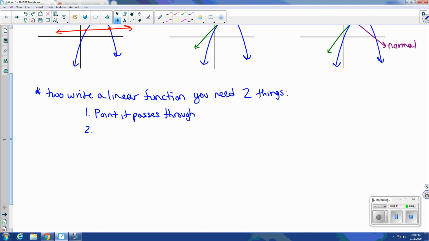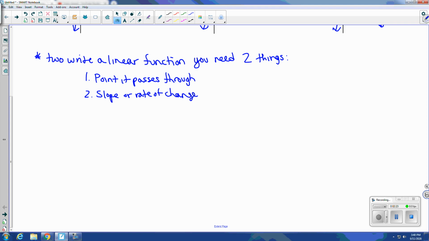And two, you need the slope or its rate of change. That is all we need, and the format we're going to use is point slope form. Because if all we need is a point and a slope, that is the most efficient way to write the equation of a line. So a review of what point slope form is.